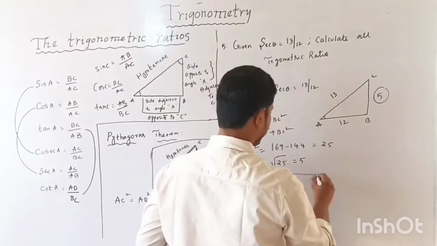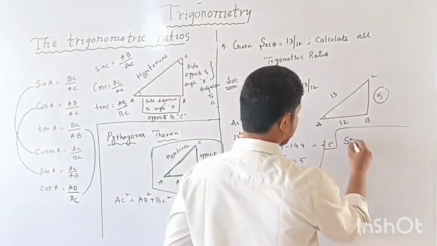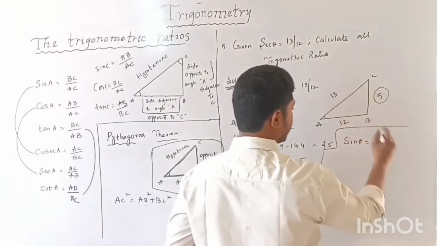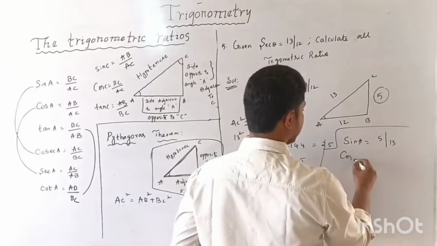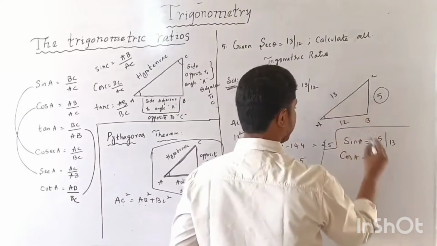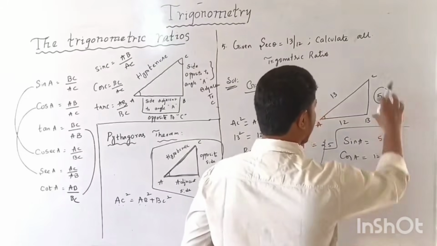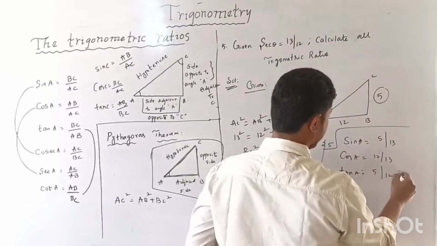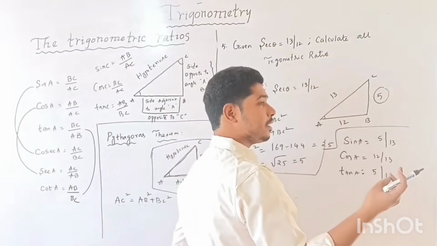Now we have to find all the trigonometric ratios. The first trigonometric ratio is sin A. The formula of sin A is opposite by hypotenuse. The answer is 5 by 13. The second is cos A, 12 by 13. Tan A, opposite by adjacent, is equal to 5 by 12. The remaining three are cosecant, secant, cot, the reciprocals.